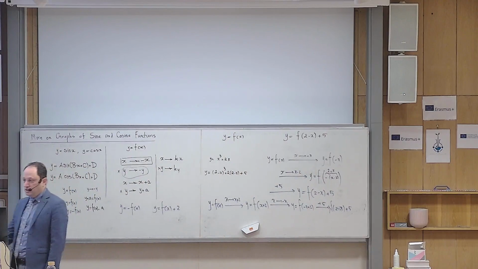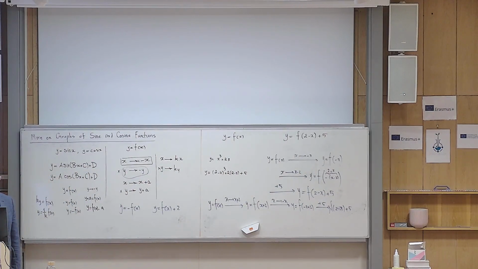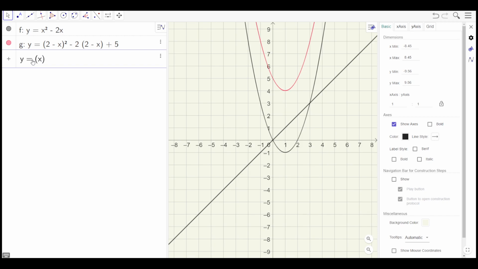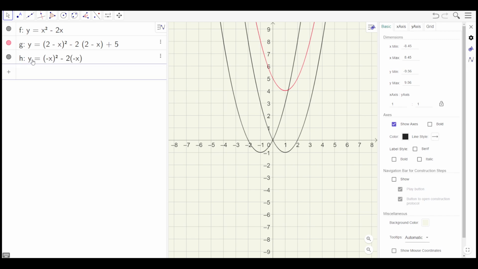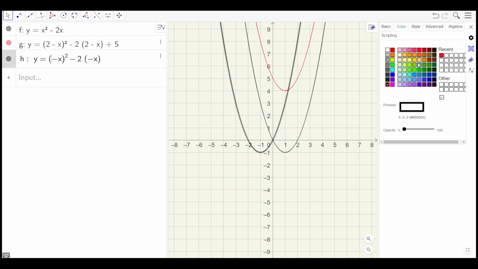So, can you see that if I flip this about the y-axis, it will give me this function, y is equal to minus x to the power of 2, and then minus 2 times minus x. So that was the function. If you don't mind, let me change the color to, say, this one. So this one is the flipping of the black one, and then you are adding 2 units.